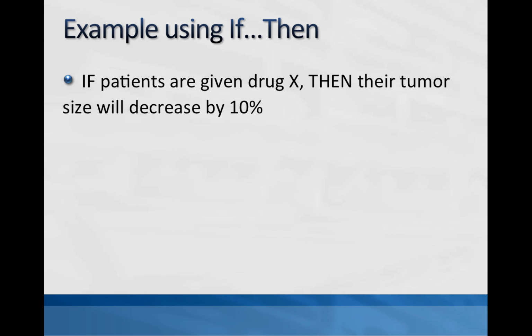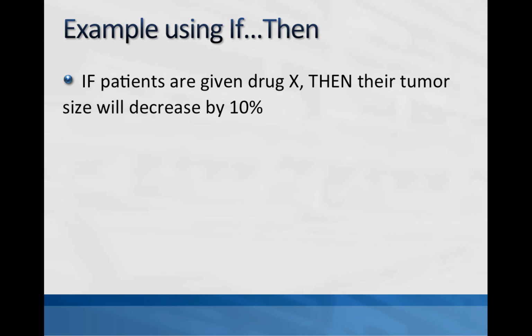So you could say if mice are given drug X, usually you would have two groups of mice, one with a tumor, any kind of tumor, I'll leave it at that right now, and it's a very specific size. Say it's a couple centimeters big, and you expected to see it drop by 10%.